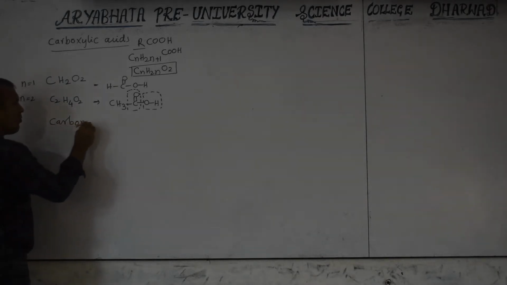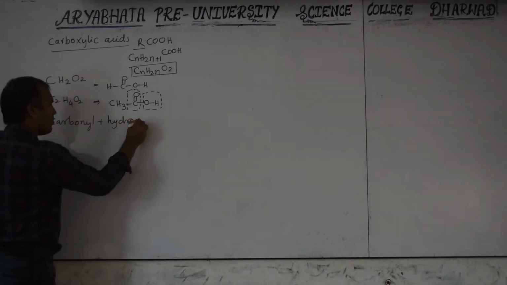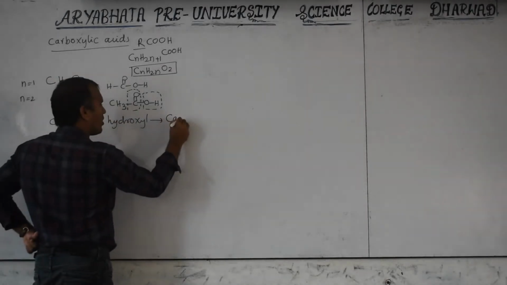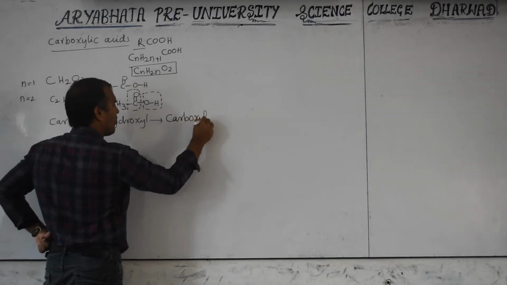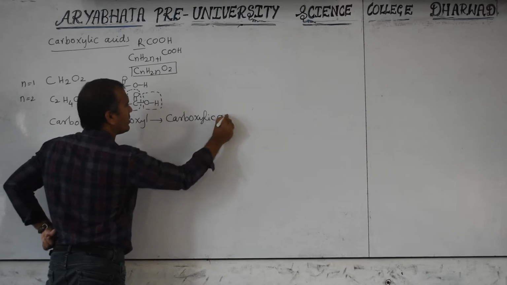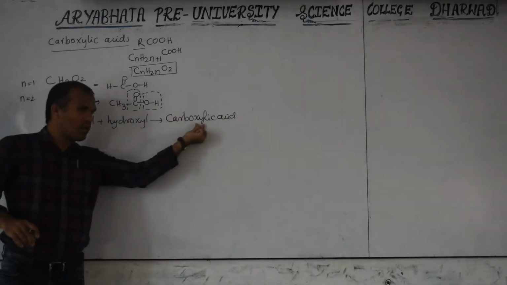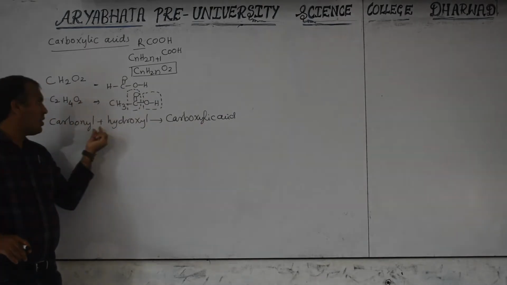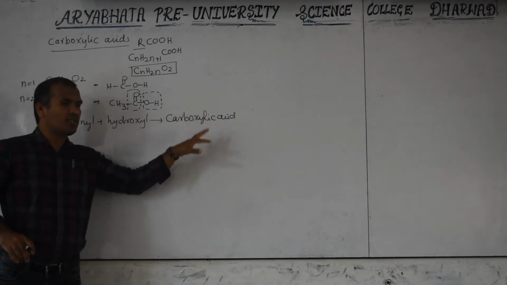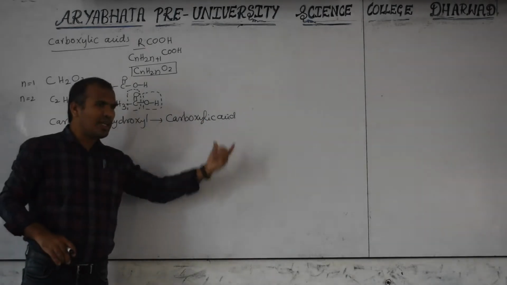Carbonyl plus hydroxyl is totally known as carboxylic, and it is acidic in nature, that's why acid is there. Carboxylic acid. Clear? The hydroxyl group is indicated here by 'yl', and the carbonyl group by 'carbo'. Both are there, and its nature is acidic.